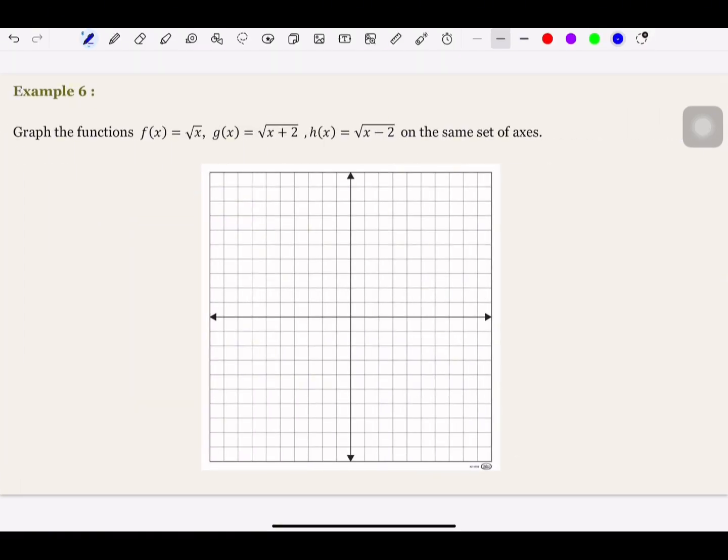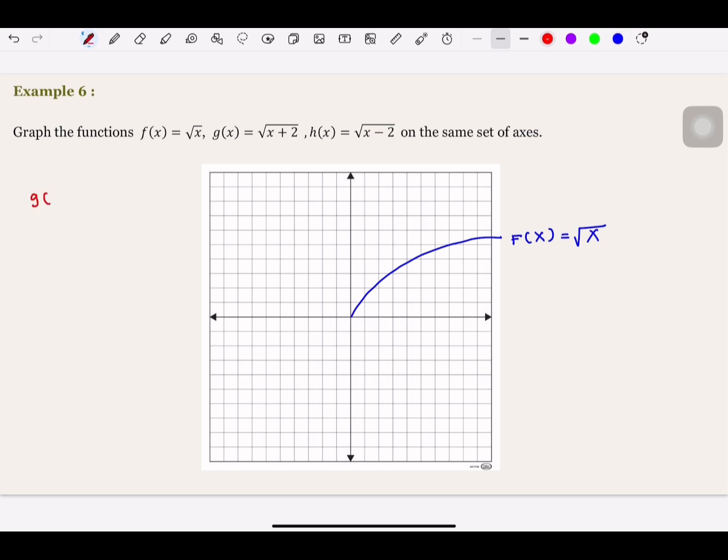Example number 6. So you have to graph these three functions. Well, let's start with the parent function. So here this is square root x. If you sketch the parent function, it will be of a shape like this. And using this parent function, you have to sketch your g of x and h of x.